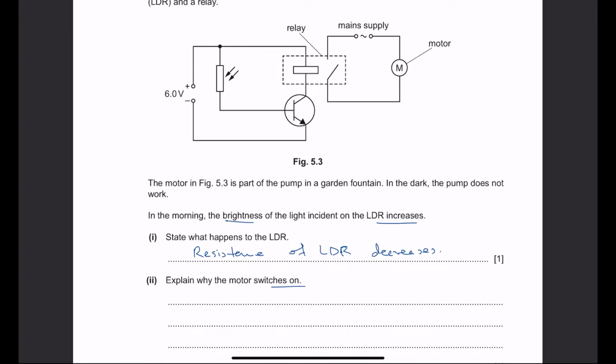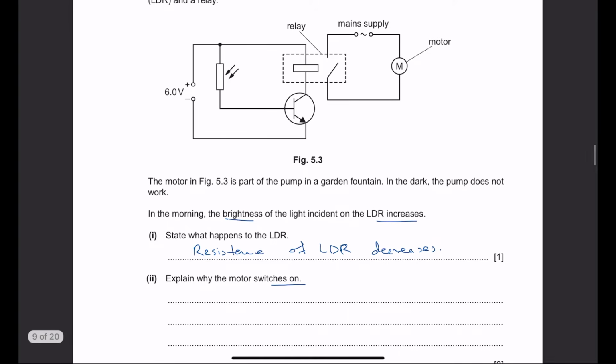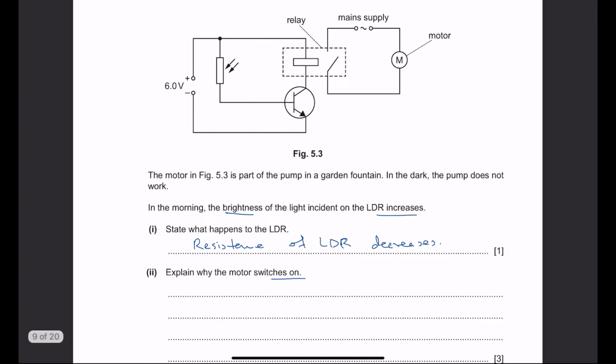Well, that's because the two circuits here are joined together via a relay, which is not an electrical connection. A relay basically is a switch which uses a small current to switch on a large current. So we're going to say how the transistor and the relay work together to switch on the motor. In fact, the LDR, the relay, and the transistor, all three work together to switch on the motor.